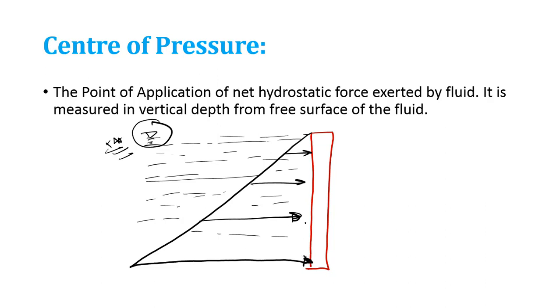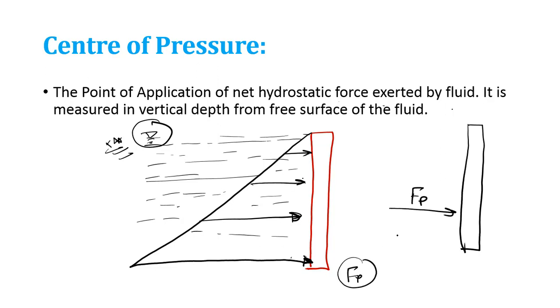So the definition says: the point of application of the net hydrostatic force exerted by the fluid. So these are the hydrostatic forces, right? So if I replace all these forces with a single force Fp, that we have calculated previously, that is all the forces combined, what was it? Fp. So if I replace the complete force, the individual forces, with one, that is Fp. What is Fp now? Omega A x bar, and it will be applied at a certain point.